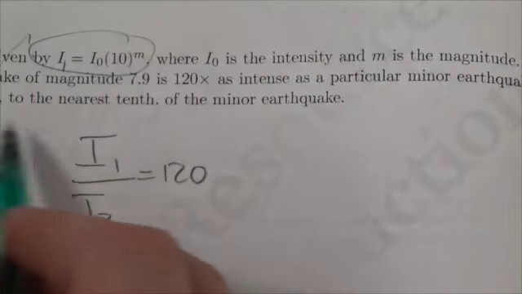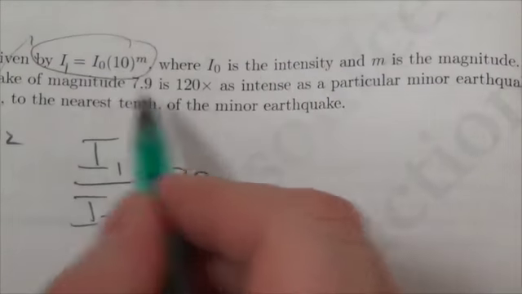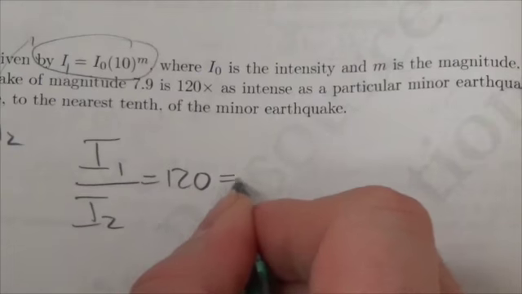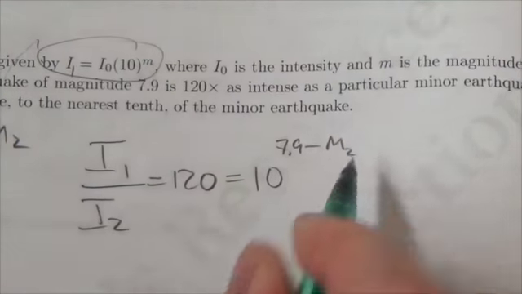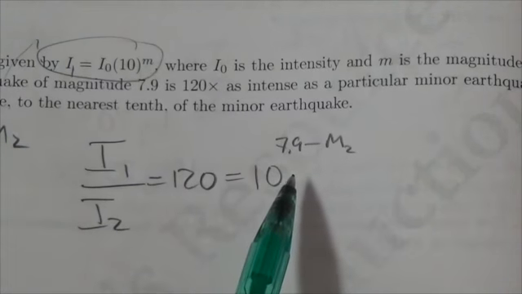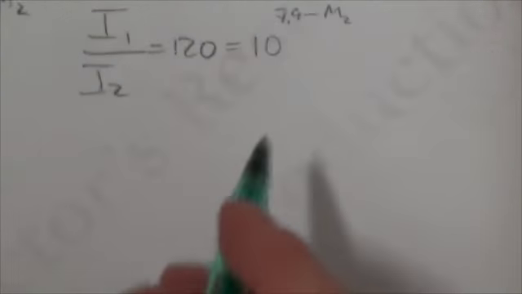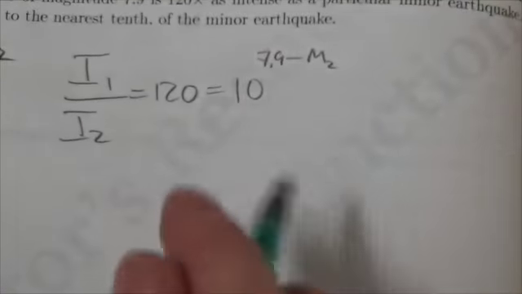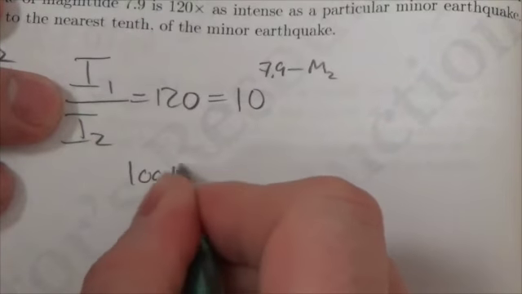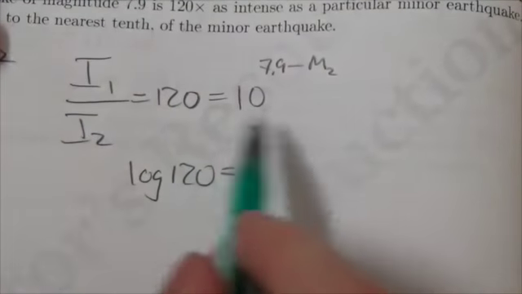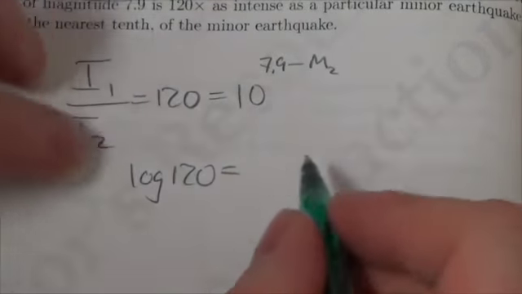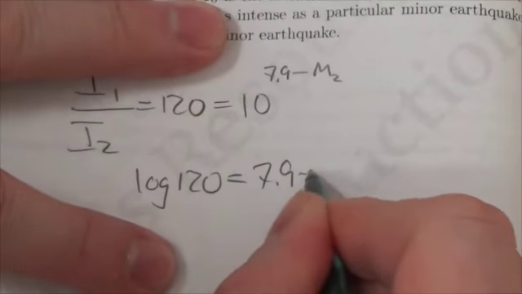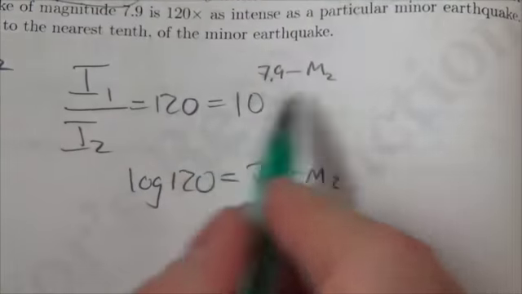Now, we know the magnitude of the major quake at 7.9, so this is going to equal 10 to the 7.9 minus, we don't know the magnitude of the minor quake. But to solve this, I would take the log of both sides, take the log of 120 is equal to, and the beautiful thing about these sorts of questions is when you take the log of a power of 10, you're simply left with the exponent.